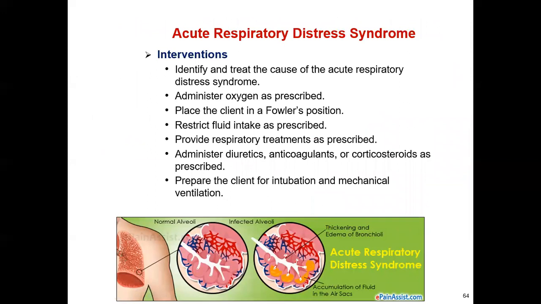So what are the interventions? First of all, we identify and treat the underlying cause of acute respiratory distress syndrome and administer oxygen as prescribed. So we check the pulse oximetry, right? Pulse oximetry is supposed to be 95 to 100%.